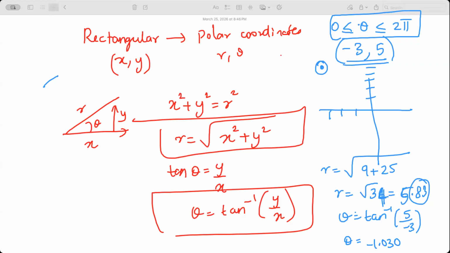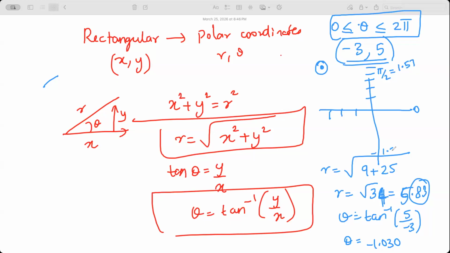Manav, did you get it? Krish, are you getting it? Yeah, I think so. Minus 1.030. The problem is, minus 1.030 means what? This is 0. This is pi by 2. Pi by 2 means 3.14 divided by 2, 1.57 radians.